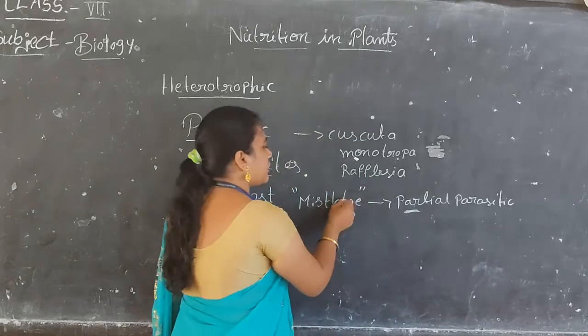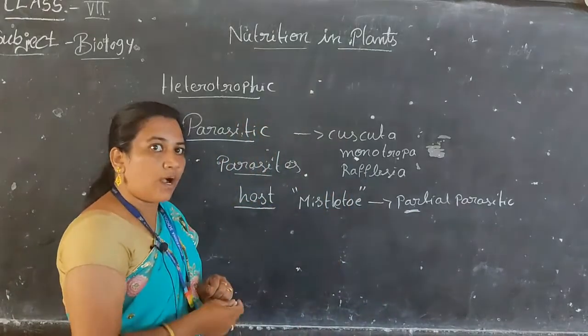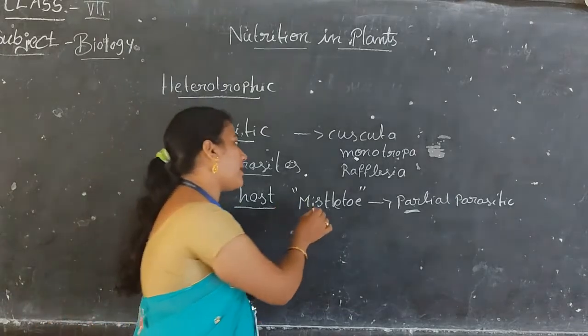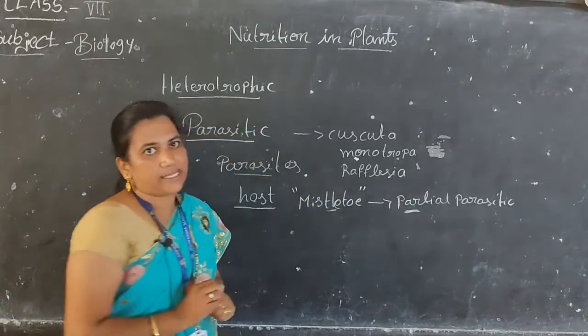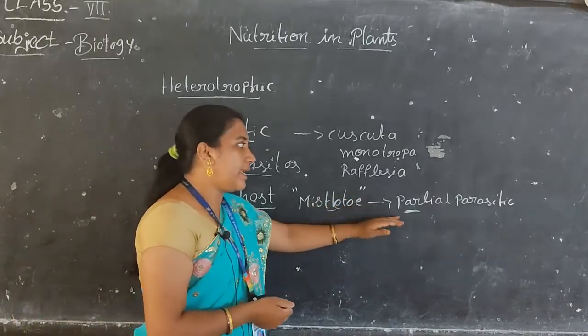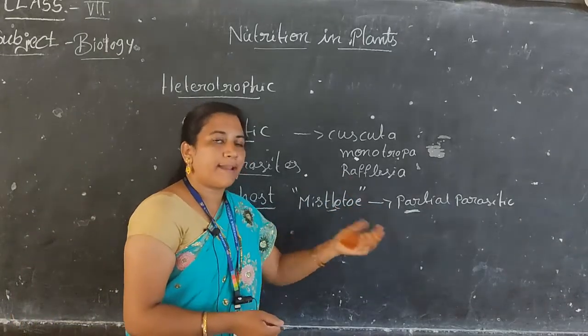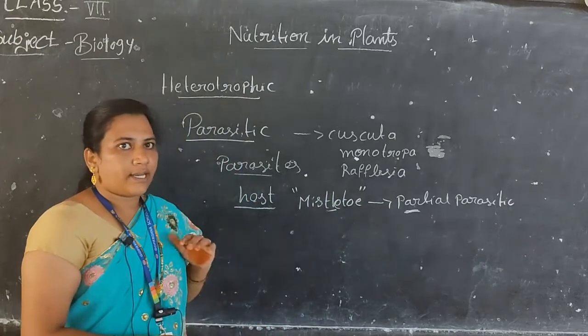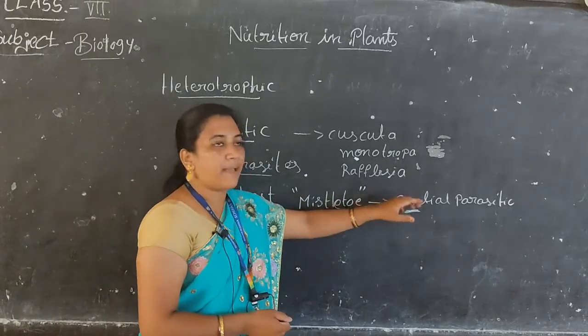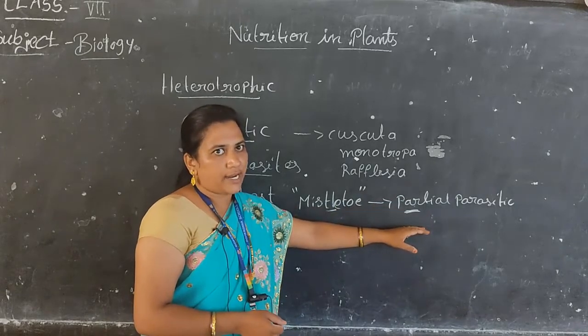Partial means this plant absorbs water and minerals only from other plants. They can prepare their own food materials. Partially, this plant depends on another plant for its water and minerals. This type of nutrition is called partial parasitic nutrition.